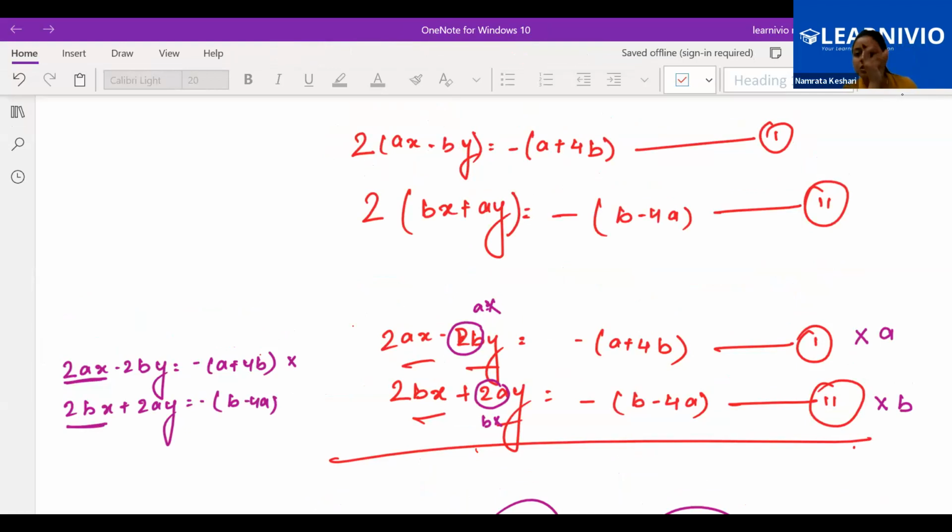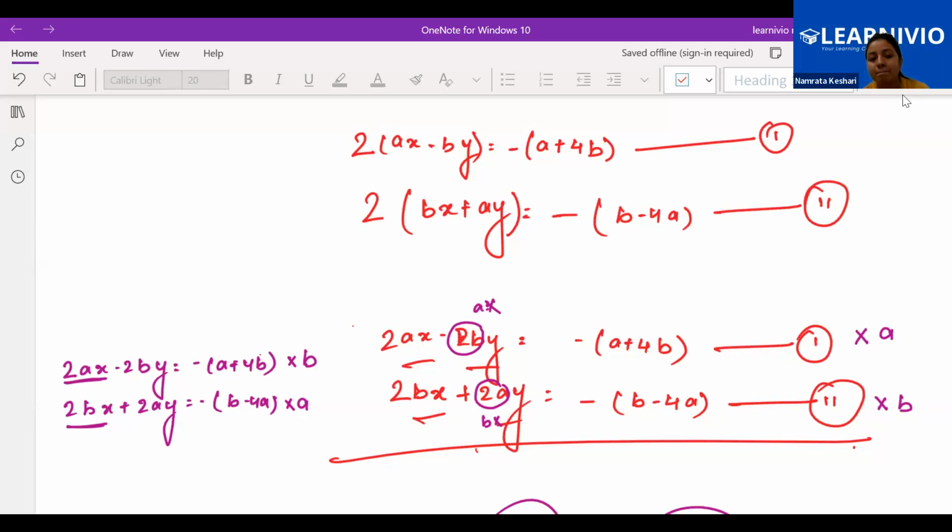I want to make both same. 2 is there, fine. ab is there. We have to make it same. What to do? Ma'am, can you multiply it by b? Yeah, we can multiply with b over here, we can multiply a over here, and then we can proceed that way. After making it same, we can do the addition or subtraction.